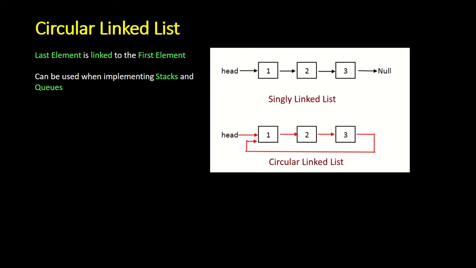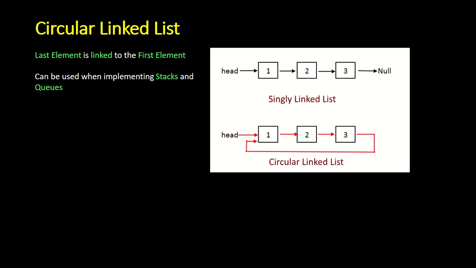We also have what we call the circular linked list. What it does here is that the last element is linked to the first element. It can be used when implementing stacks and queues, which we'll learn later. When it is circular, it uses any available space that you have.